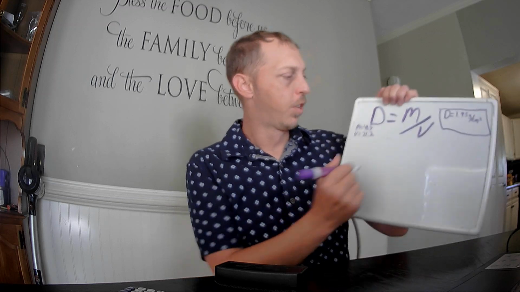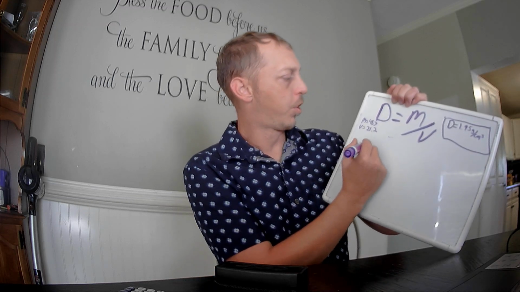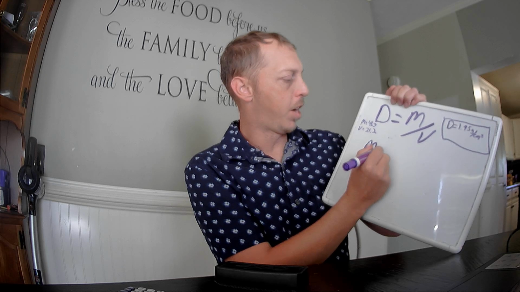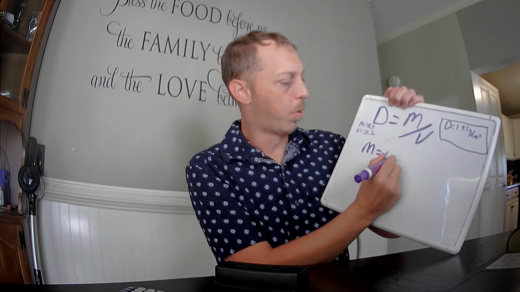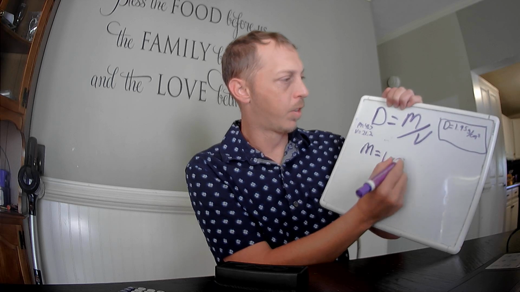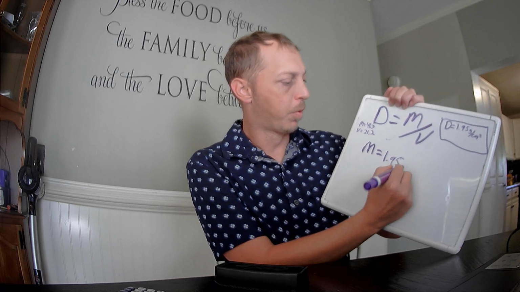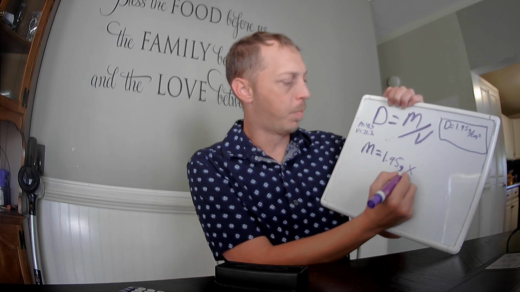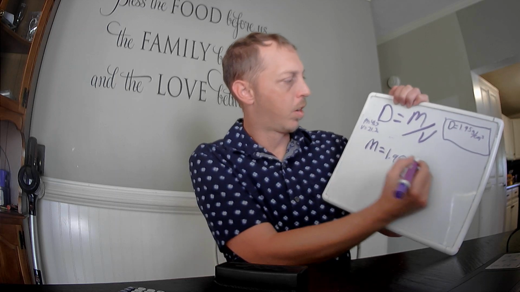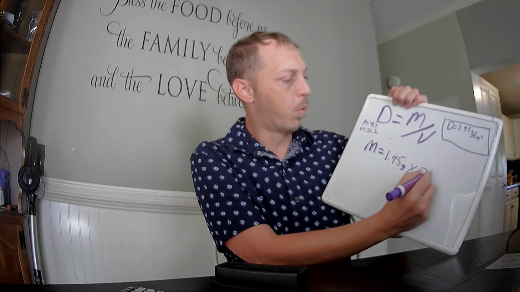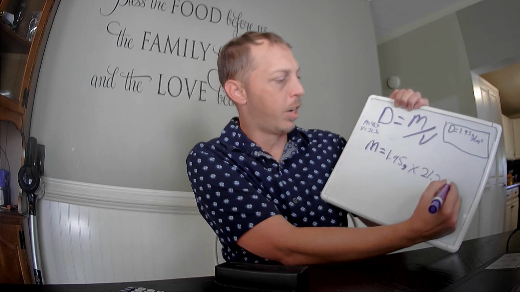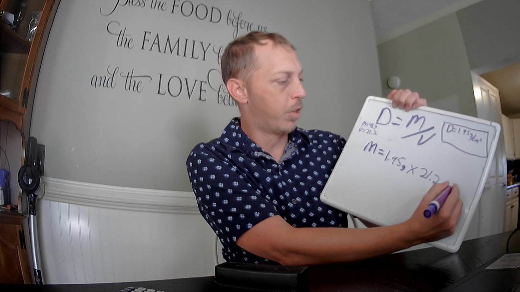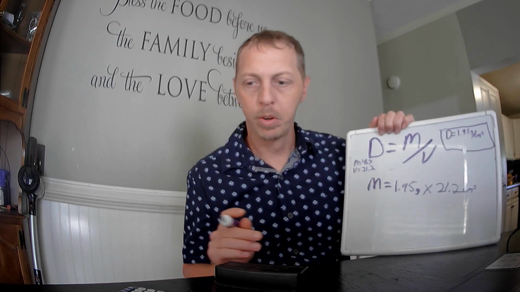All right. So let's do that. Mass equals density, which is 1.95 grams, times 21.2, and that is centimeters cubed because this is volume.